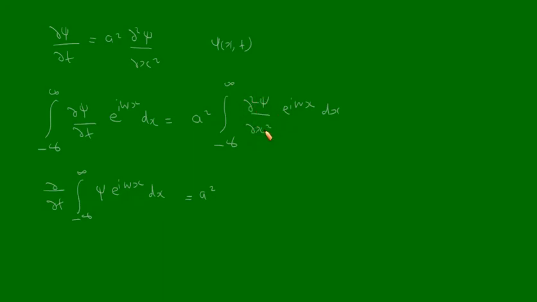Dou square psi by dou x square into e raised to I omega x dx, that is derivative of this function. So what will we get there? Minus I omega square whole square, then integral from minus infinity to infinity of psi, just write psi, e raised to I omega x dx. Here this psi that we represented, actually this psi is equal to psi of xt.